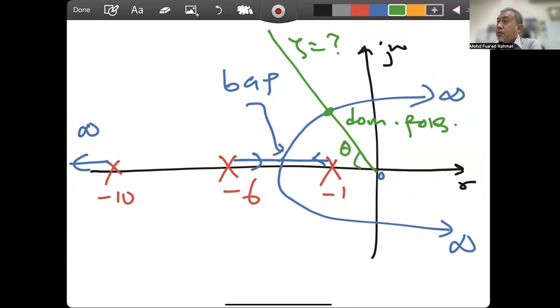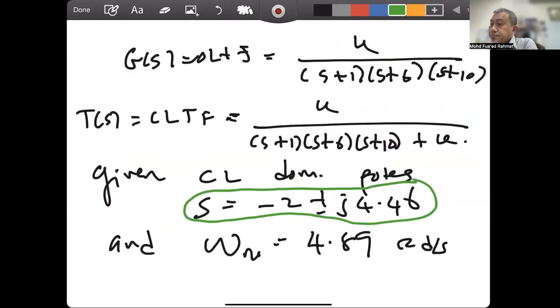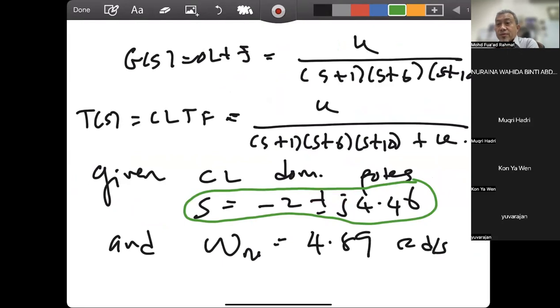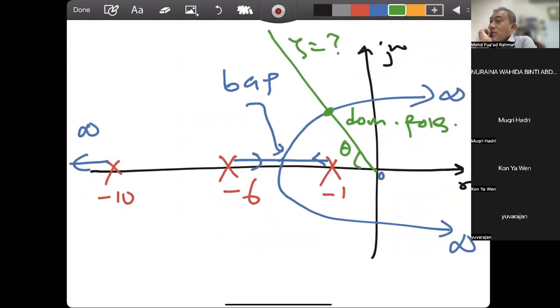Yuvarajan, can you give an idea how to find theta value and zeta value? Aina, Wahida, how to find the theta value from here?